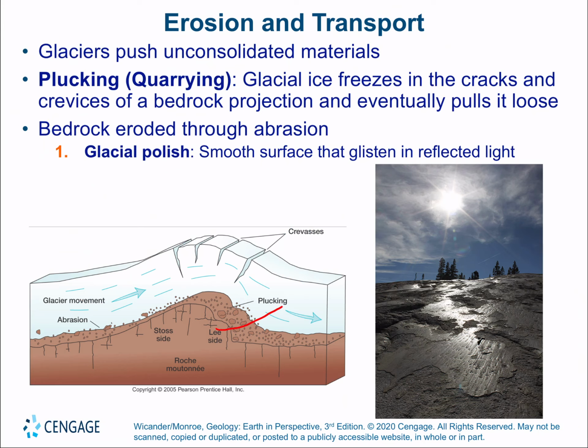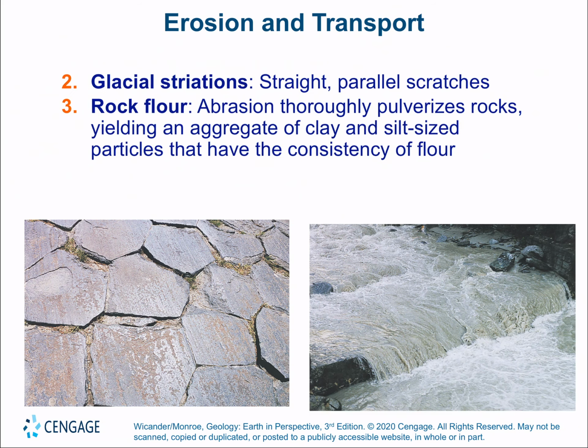You can see down here on the diagram some evidence of plucking. Now, bedrock is going to be eroded through abrasion. The picture on the right shows what's known as glacial polish, when your surface actually gets polished because of the glacier moving over it, and you can see how it starts to glisten in reflected light.